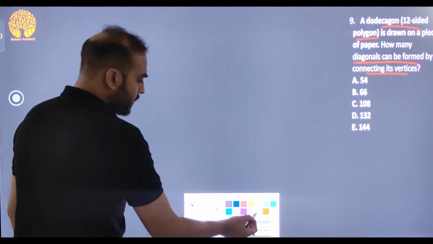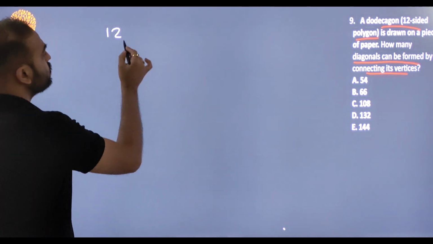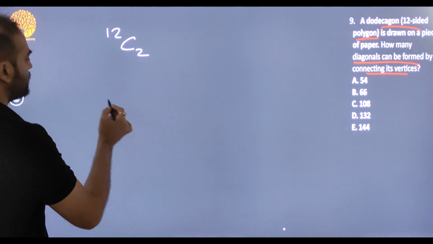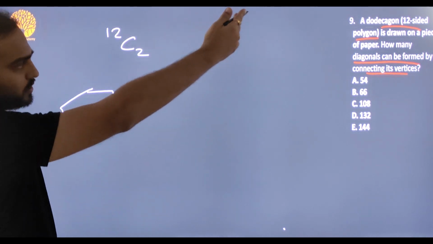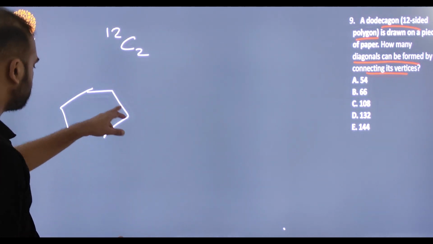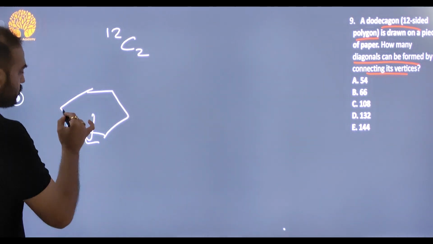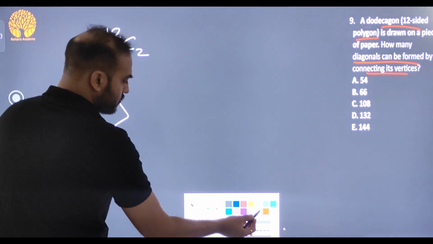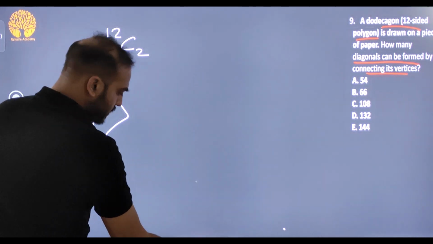So if we think about it, there are a total of 12 points. Let's say this is an n-sided figure. I've just made a hexagon. For a hexagon, consider the total ways to connect these lines.